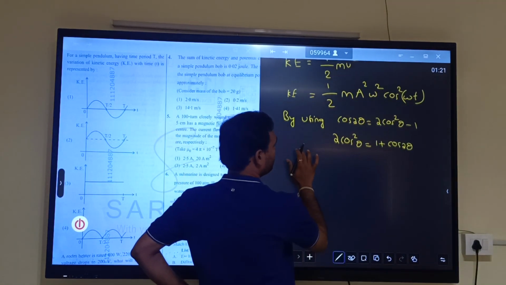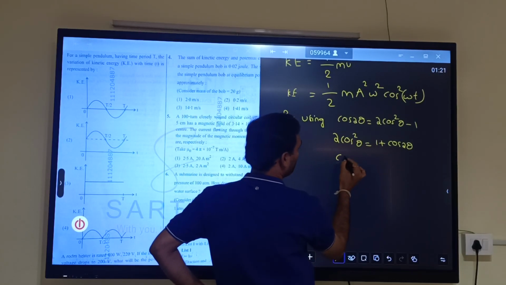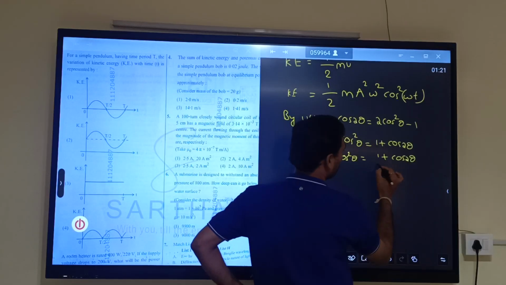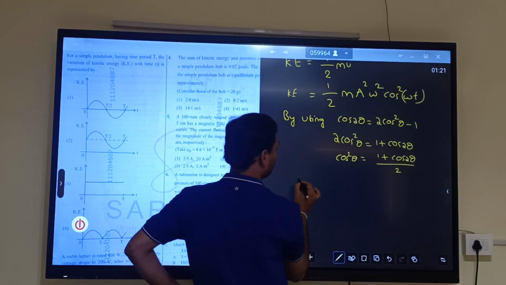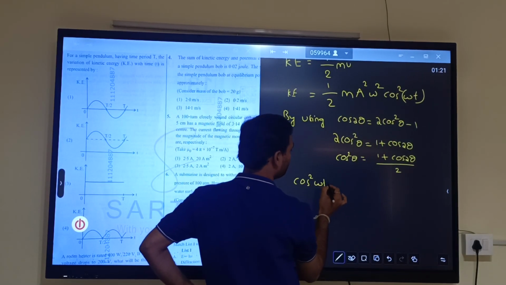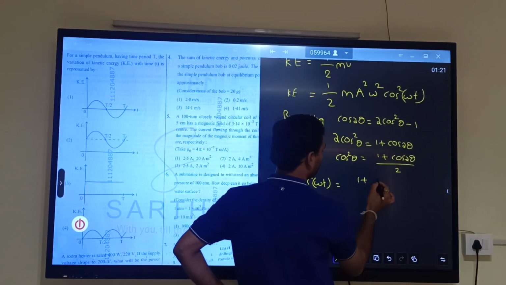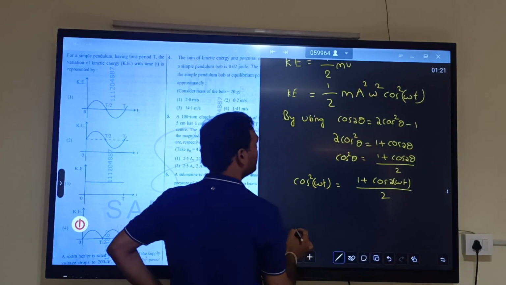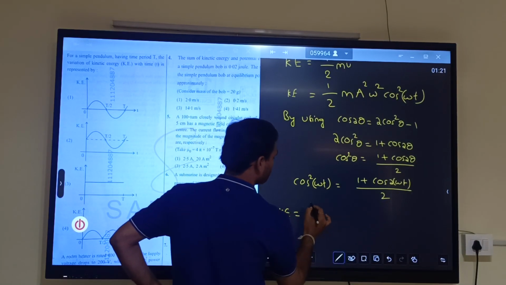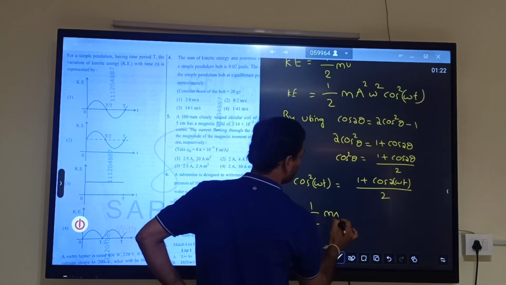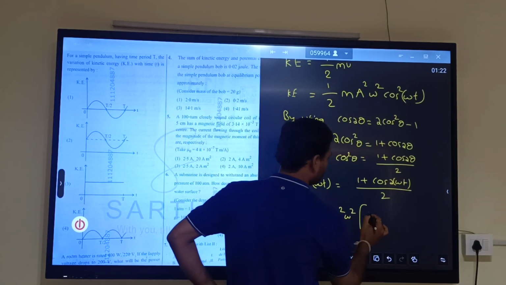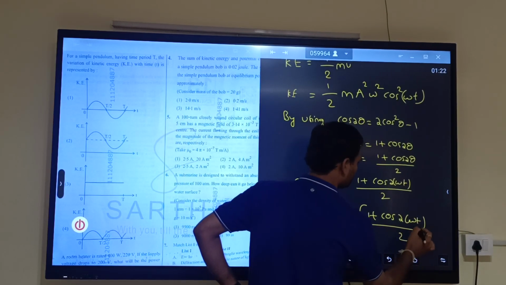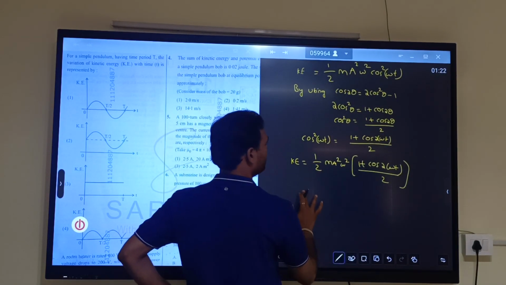That means cos square theta equals (1 plus cos 2 theta) by 2. Similarly, cos square omega t equals (1 plus cos 2 omega t) by 2. Therefore, kinetic energy equals half m a square omega square times (1 plus cos 2 omega t) by 2.